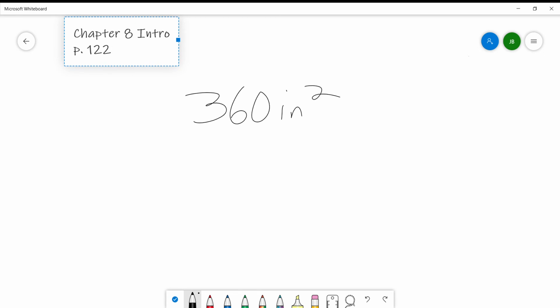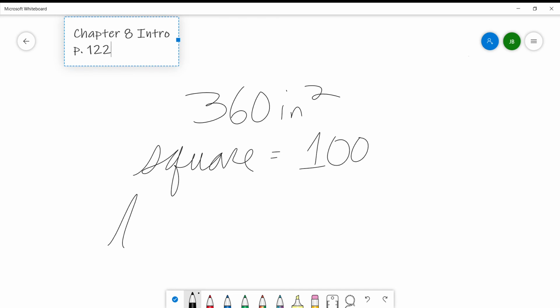How do we get that? Well, we got the square. It has an area of 10 times 10, which is 100. The triangle is going to be 10 times 13 divided by 2.